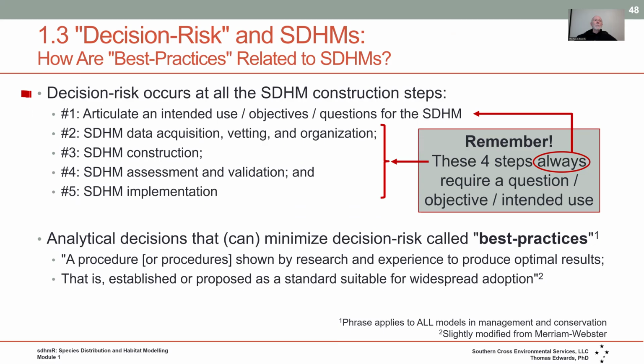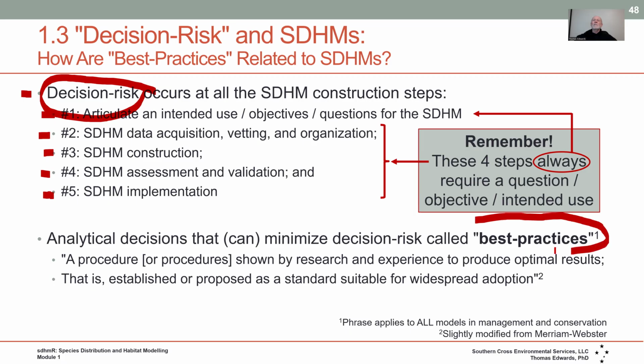Okay, so again, I want to point out that the decision risk we deal with comes from all of the construction steps I've introduced you to thus far. The intended use, the data acquisition, vetting, and organization, the distribution model construction, assessment validation, and its implementation. Now, what happens is decision risk gets minimized, and oftentimes the process for minimizing that gets labeled best practices.